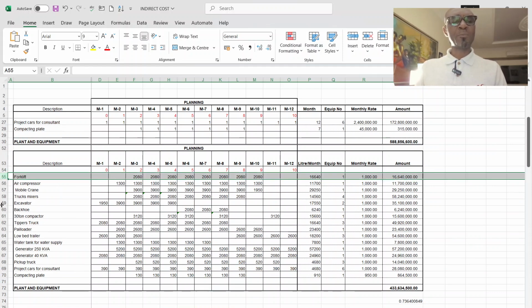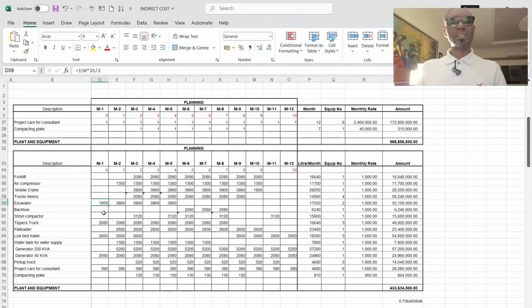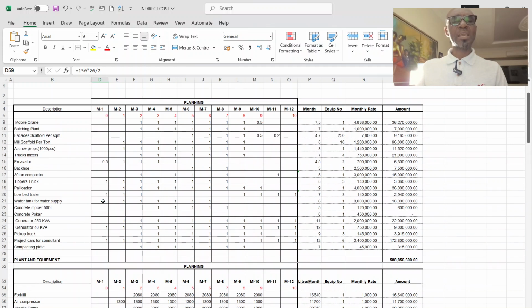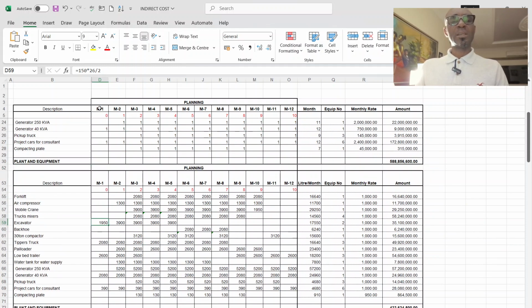And another point of note is this. You'll be wondering, why am I having this figure lesser than the next figure to it? Because here, for the excavator, my planning was it was going to come in at the middle of the month, which means it's going to only be on site for half the month. That is why you're seeing the daily consumption, which is 150 multiplied by 26 divided by 2, gives you what half the month it will consume.